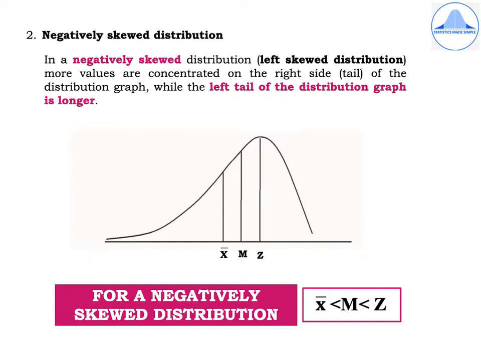And for a negatively skewed distribution, the mean is less than the median is less than the mode, as highlighted in the graph. The positively skewed distribution and the negatively skewed distribution along with the diagram can be asked as a 2 marker.